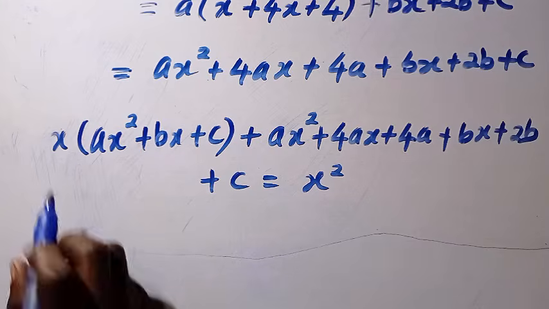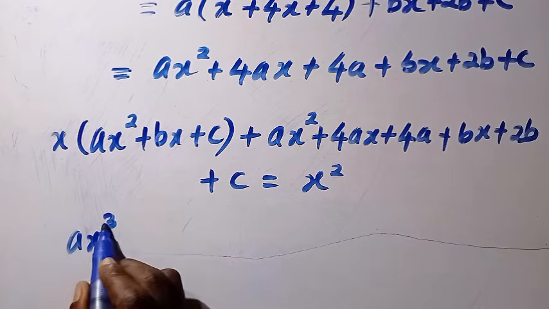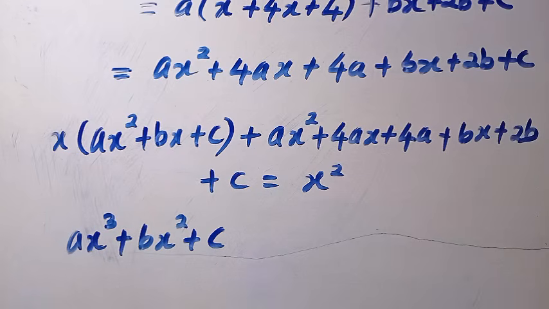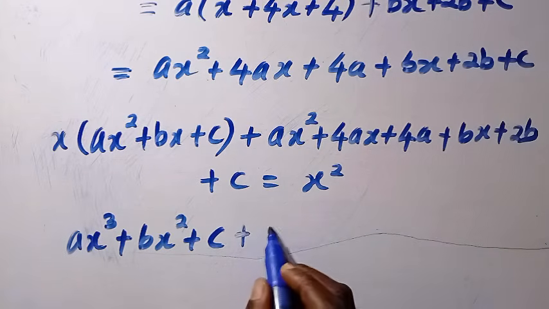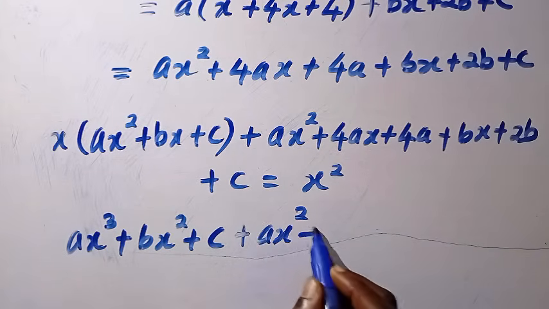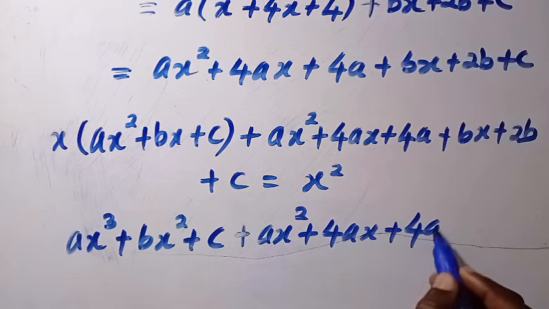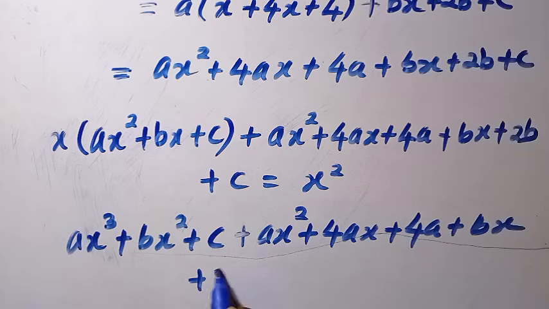Opening this parenthesis, we have x multiplied by ax squared, that is ax cubed, plus bx squared plus cx, and we also have the whole of this, which is plus ax squared plus 4ax plus 4a plus bx plus 2b plus c equals x squared.